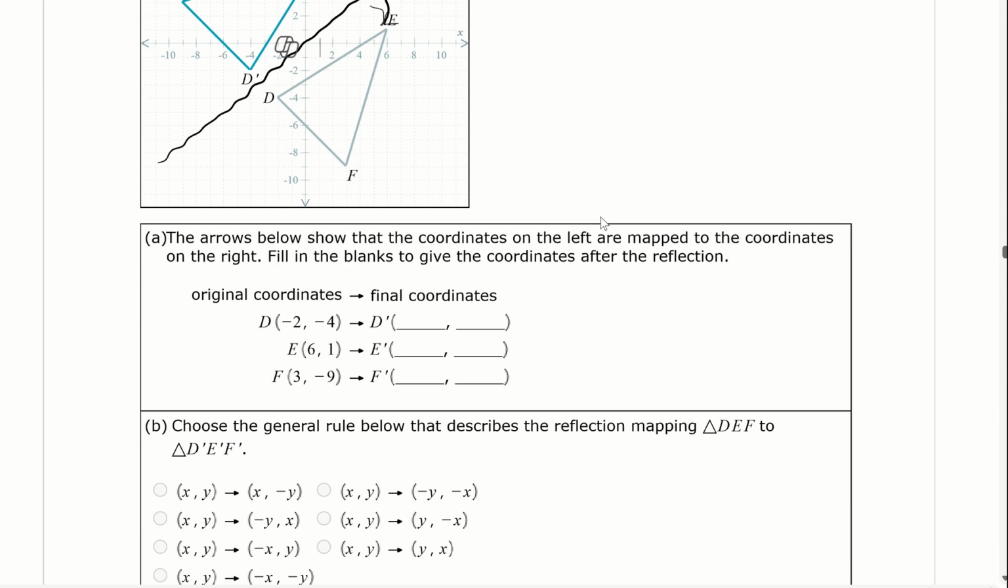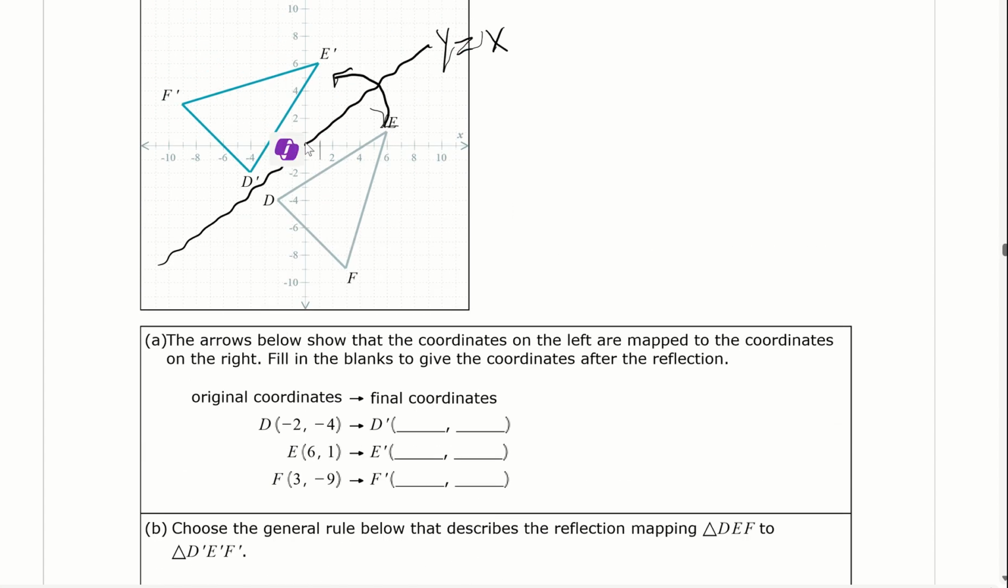Let's write down the coordinates for D prime. D prime is negative 4 and negative 2. E prime is 1, 6. F prime is negative 9, 3.